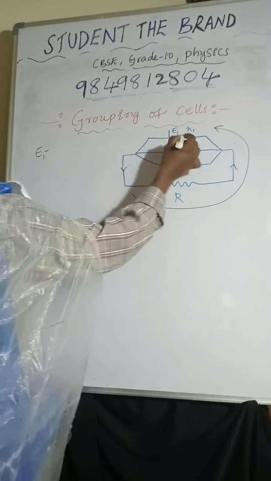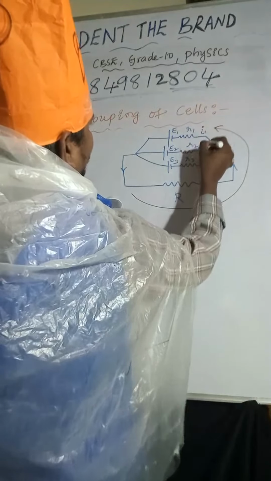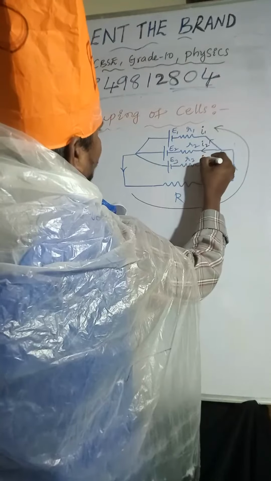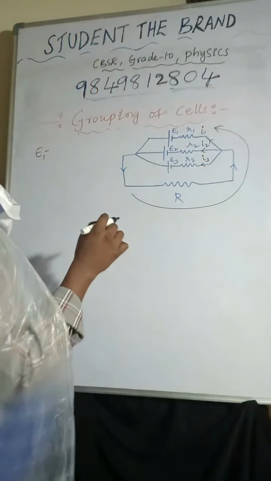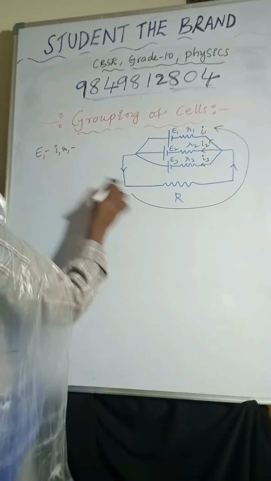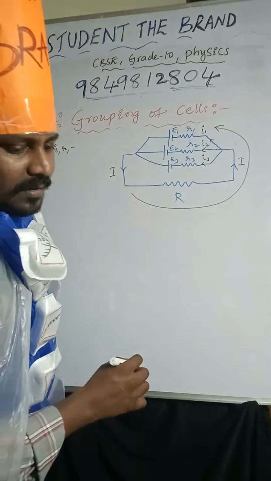So in the circuit, E1 minus I1 R1 minus IR equal to 0. Here the currents are I1, I2, I3. So total current is I, here also I, the total current.